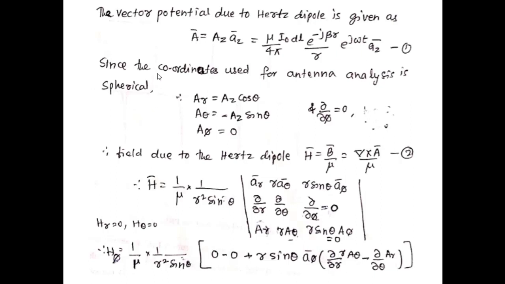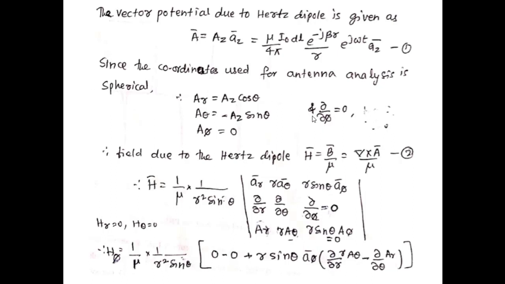Equation number 1. Since the coordinates used for antenna analysis are spherical, therefore A r is given by A z cos theta, A theta is given by minus A z sin theta, A phi is equal to 0.